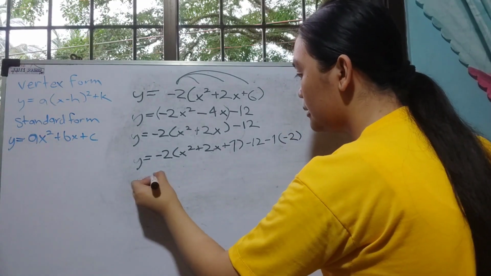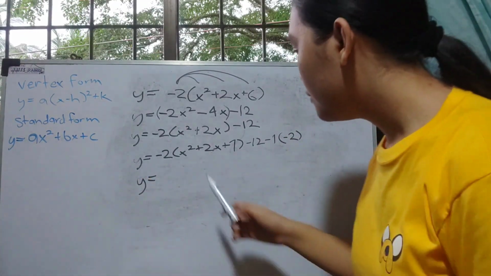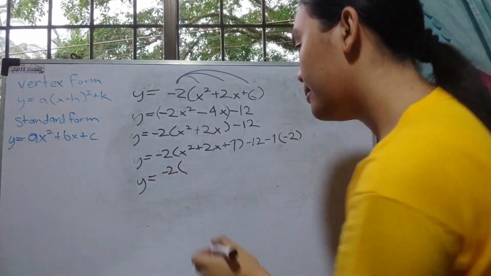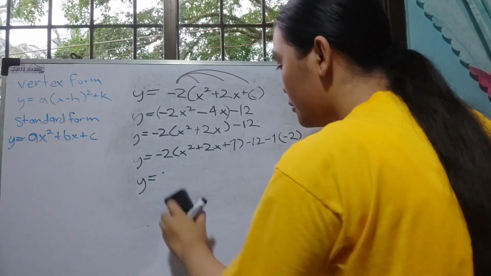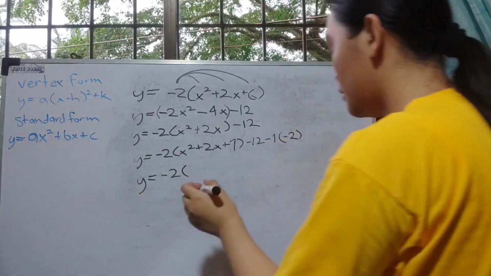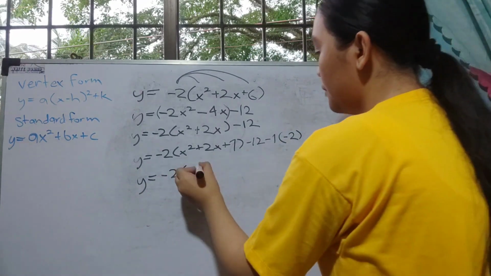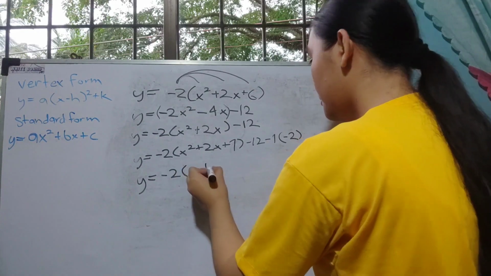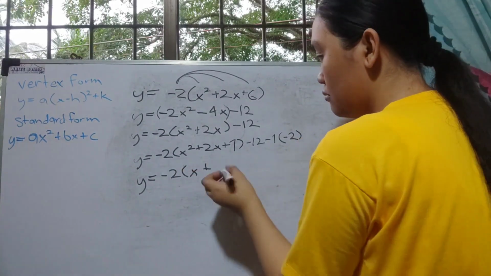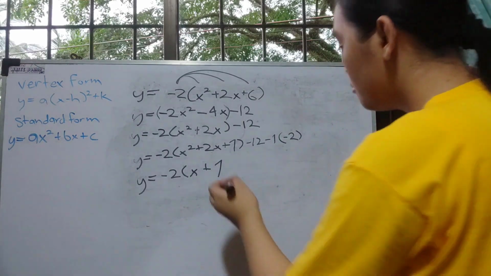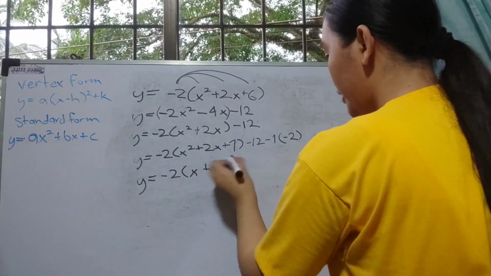Same process. Take the square root of the first term, the sign of the middle term, and then the square root of the last term, which is just 1, and then squared here.